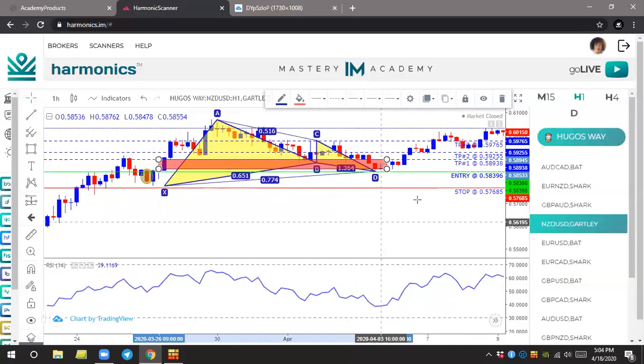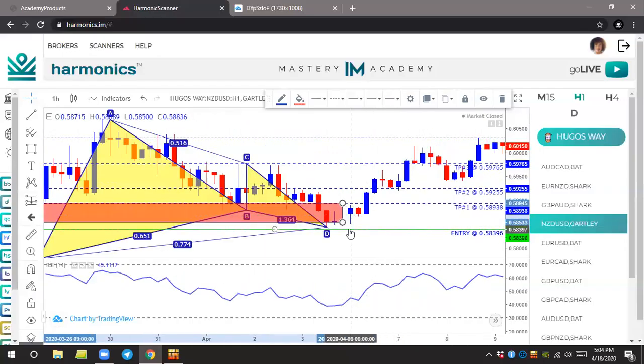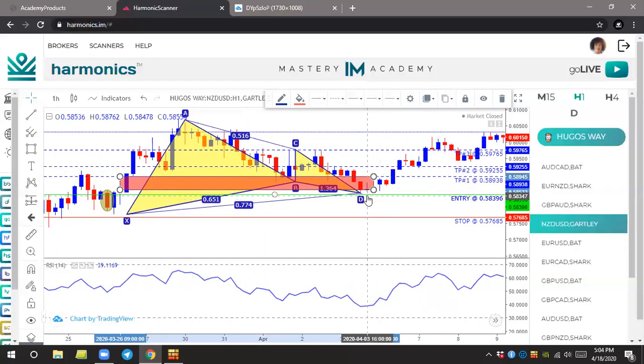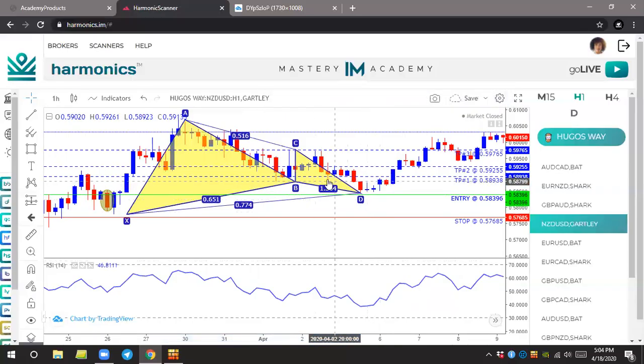So now NZD USD by the harmonic scanner is giving you confirmation that we could see a nice potential buy. Although, guys, we do not see divergence on this pair, right? We're making lower lows, but here on the RSI, we're also making lower lows.